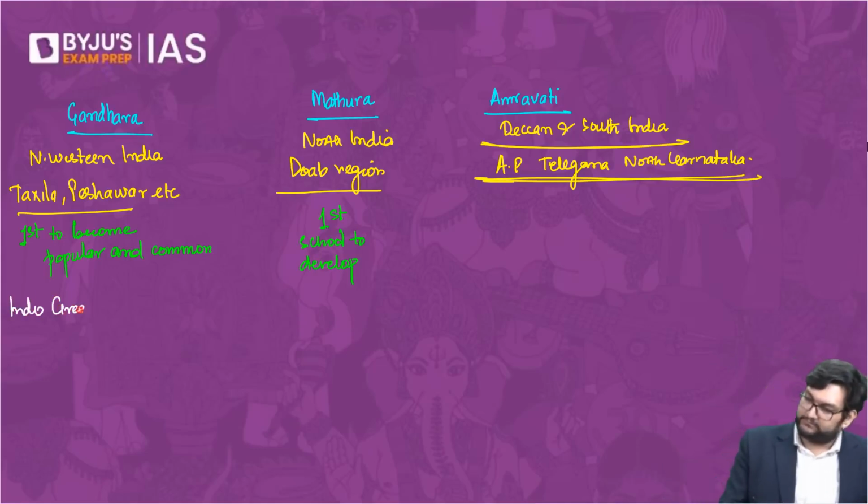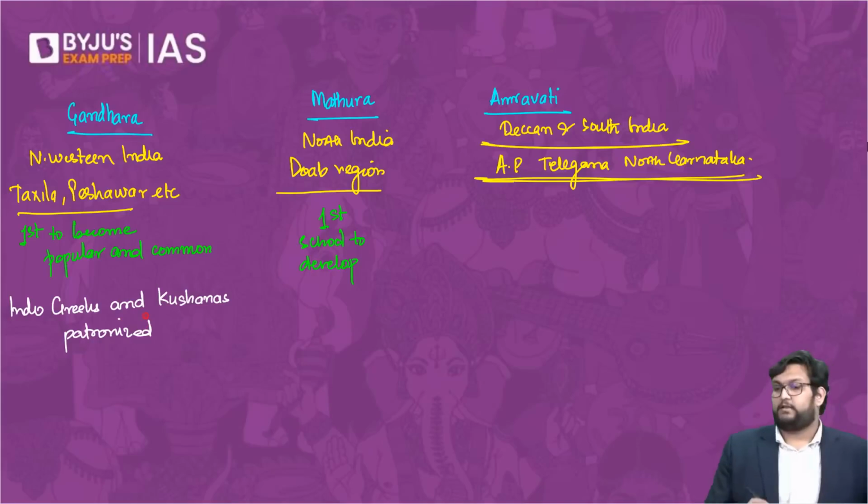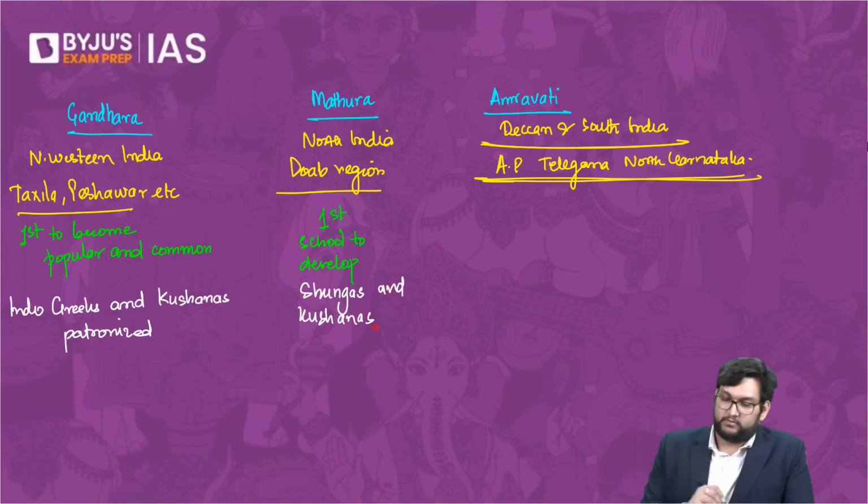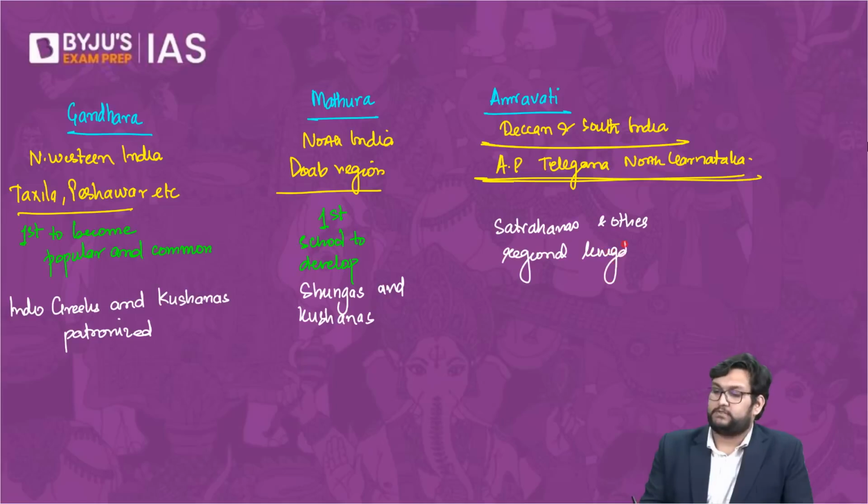Indo-Greeks and Kushanas patronized it. Mathura would then be Shungas, Kushanas, and Amravati would be Satavahanas and other regional kingdoms.